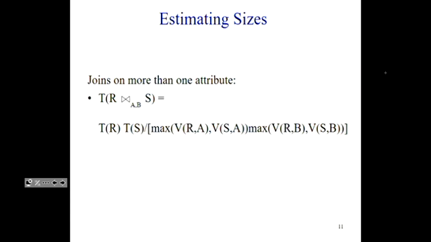Okay. So when there are joins on more than one attribute, this generalizes. I won't go into the derivation, but the size of the join is T of R times T of S divided by the max of V of R comma A and V of S comma A, and the max of V of R comma B and V of S comma B.